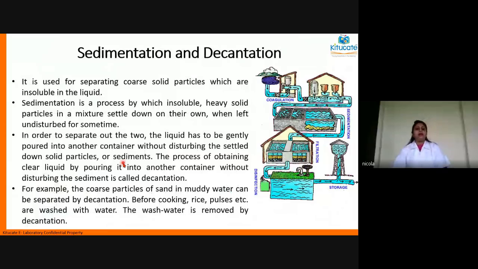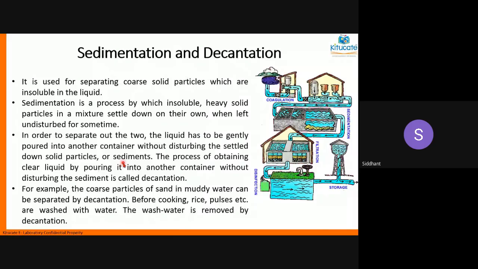All right. So sedimentation, as we discussed before, is the separation of insoluble solid particles in a liquid. When the solid is insoluble and heavier than the liquid, it settles at the bottom.